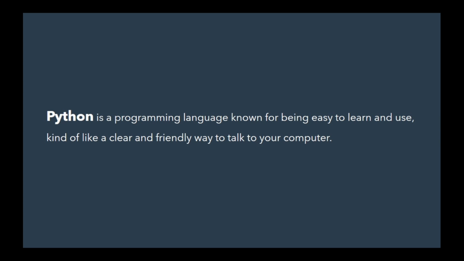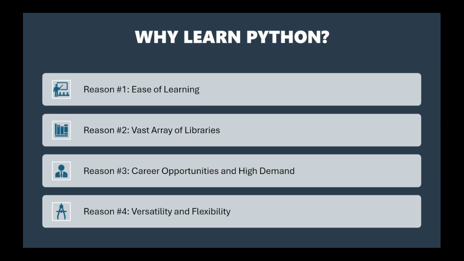Python is also very easy to learn. It's very clear and friendly how you can communicate with the computer. So why do we need to learn Python is because it's easy. It has lots of libraries that you can use as a tool and build something great, right? There's always a high demand in career opportunities, and it is going to still remain the same.